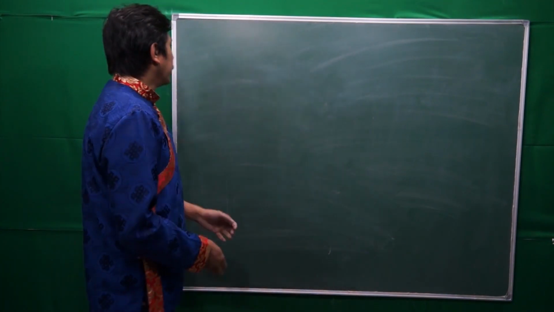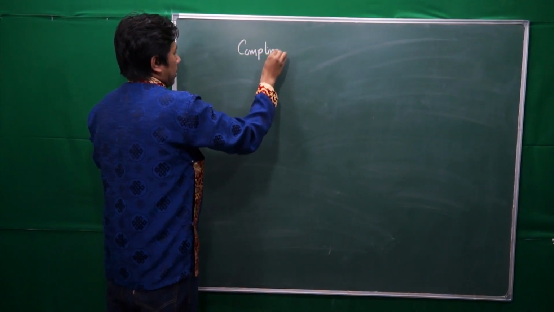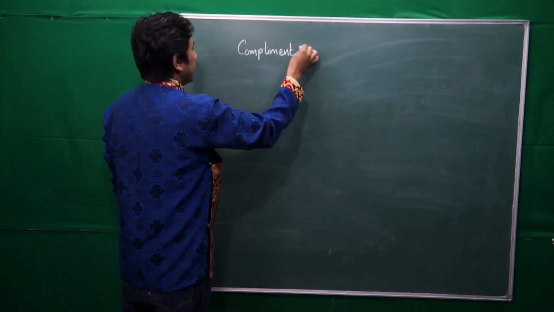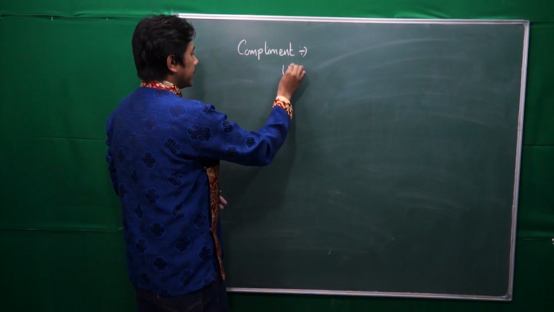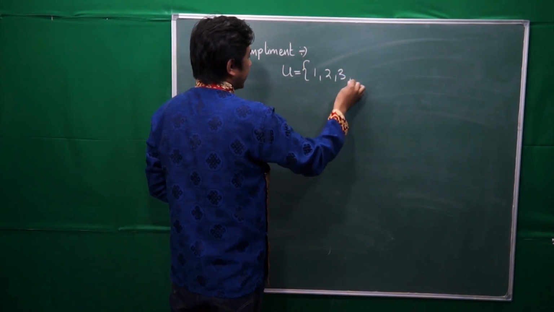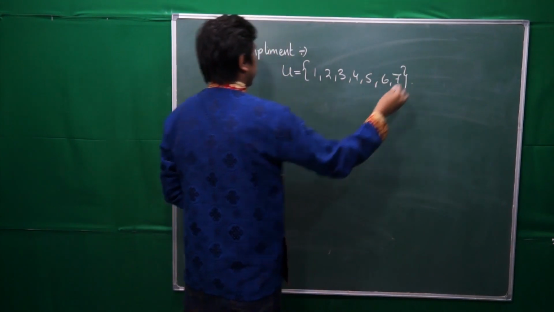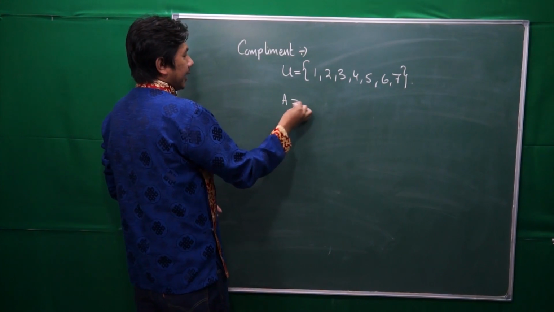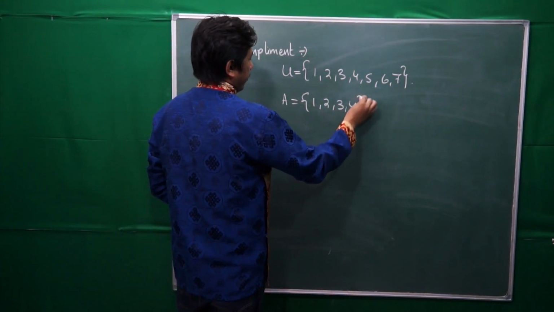Okay. Next we are going to do laws of algebra, but before that we missed out a small operation which is known as complement. What is a complement? Say we have a universal set U that has all the elements of set A and set B. Let's say set A is 1, 2, 3, 4.